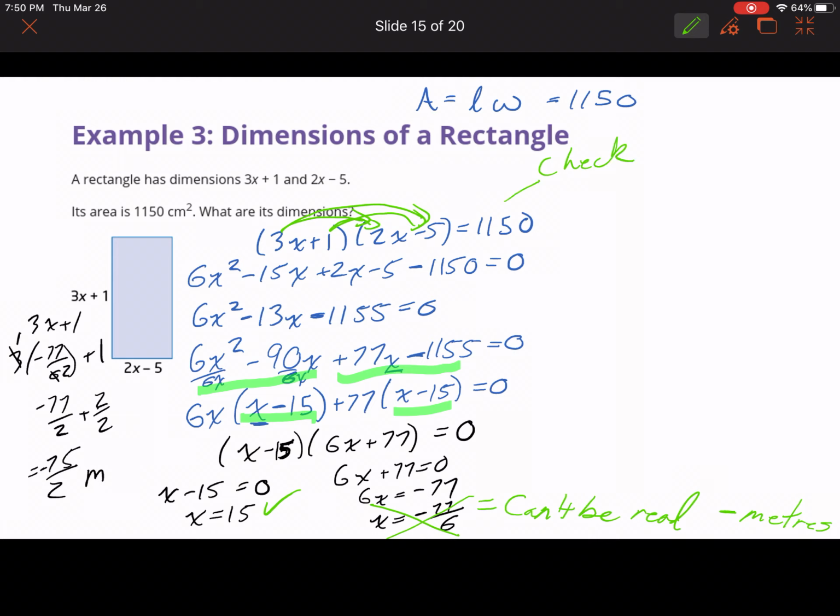So using the formula we created here, length times width equals area. 3 times 15 plus 1, all in brackets, times 2 times 15 minus 5. Does this equal 1,150? 3 times 15 is 45 plus 1.